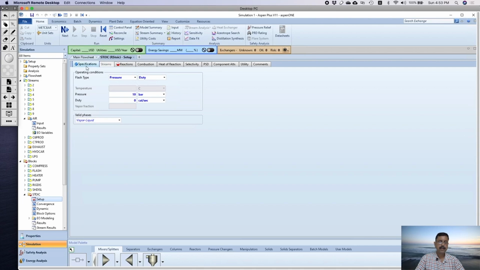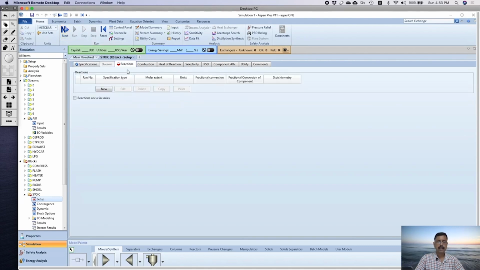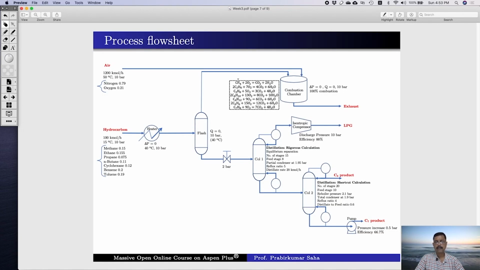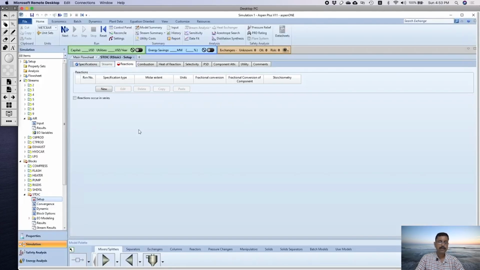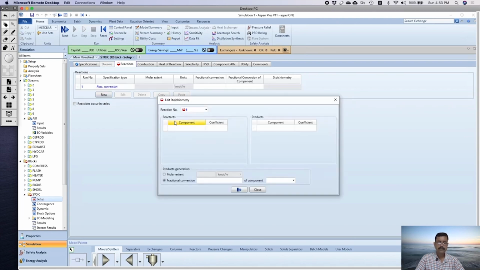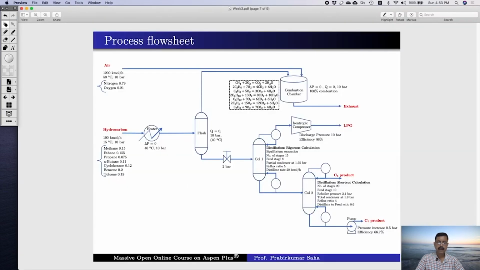Now specifications are there. We go to next, reactions. Here you have to add the reaction components. These reactions you have to add in. I will tell how. You have to first say new. Now the reactants, what are the reactants? The first reaction is methane and oxygen that will react to produce carbon dioxide and water.